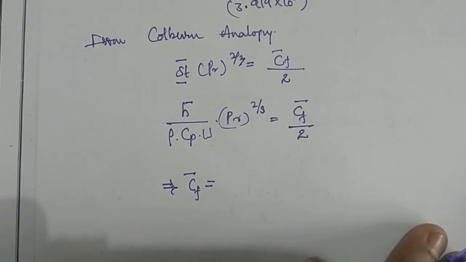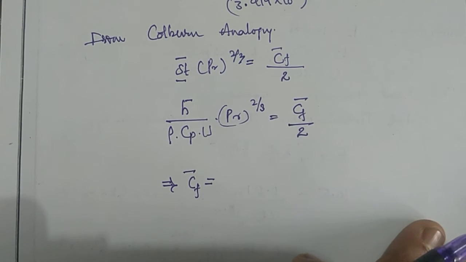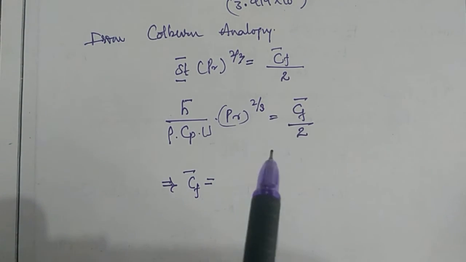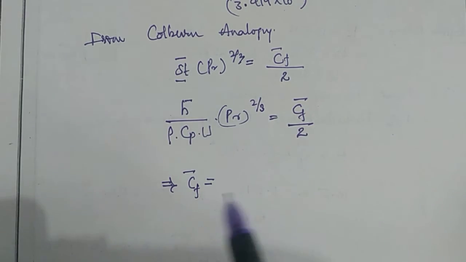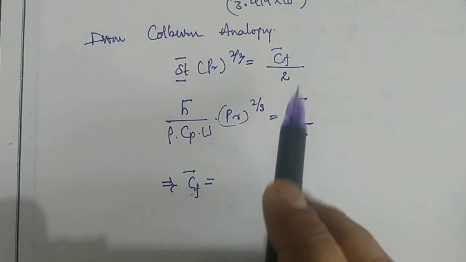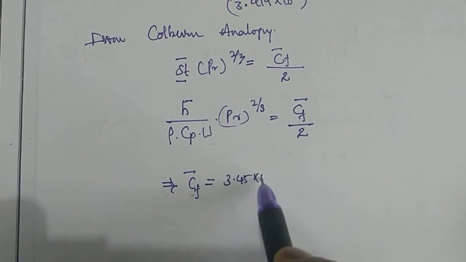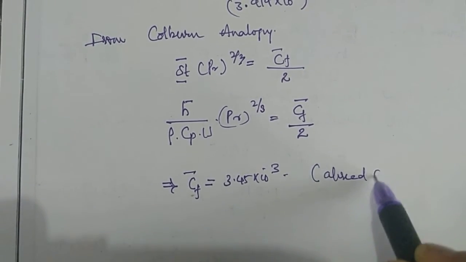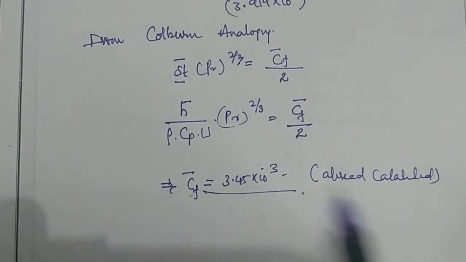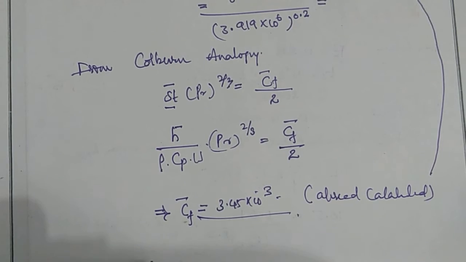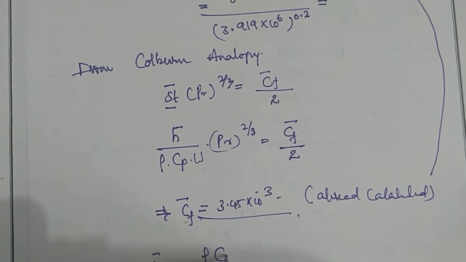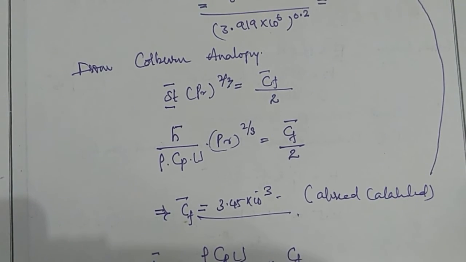The average skin friction coefficient is already calculated, 3.4523 into 10 to the power of minus 3. So substitute in terms of the heat transfer coefficient: h bar is equal to rho Cp U divided by Prandtl number to the power of 2 by 3, into Cf by 2.